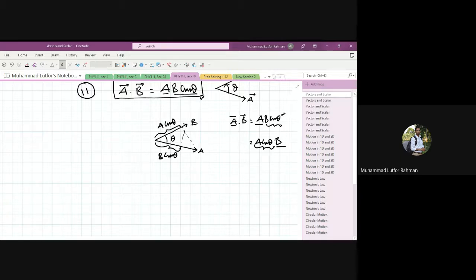We take the dot product, and we find out some vector in some direction. Then the a cosine theta or b cosine theta is the component of the second vector in the direction of the first vector. That is how you can say it.